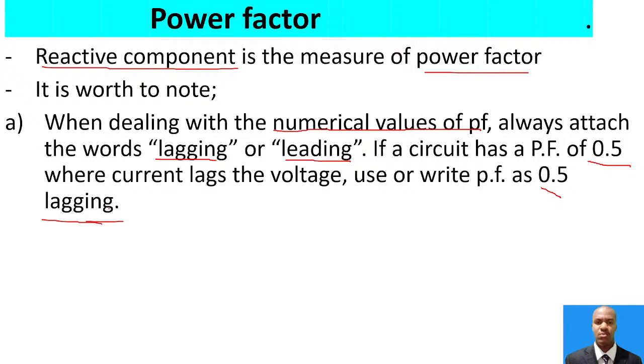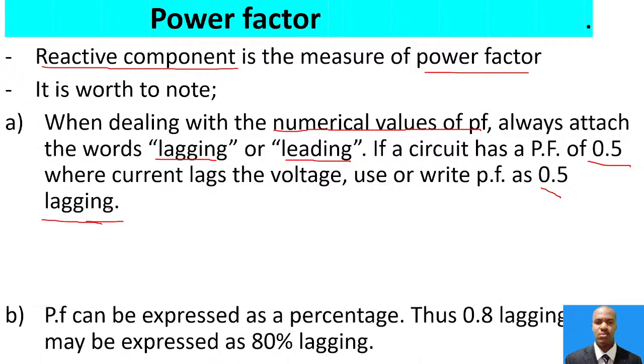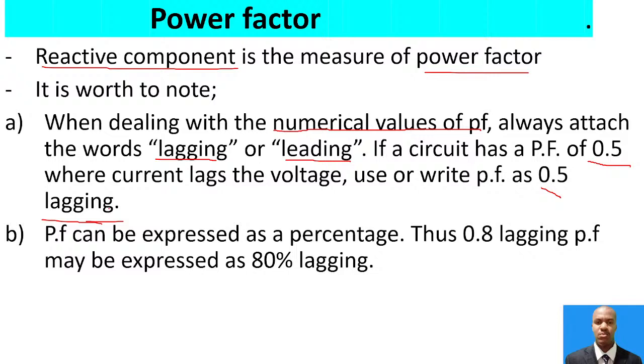If you have a power factor of, maybe, 0.7 leading, out of 100 you can simply say that is 70% leading power factor. So those two things are worth noting when dealing with the power factor.